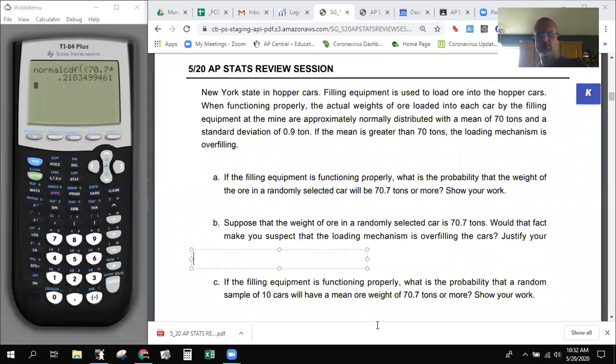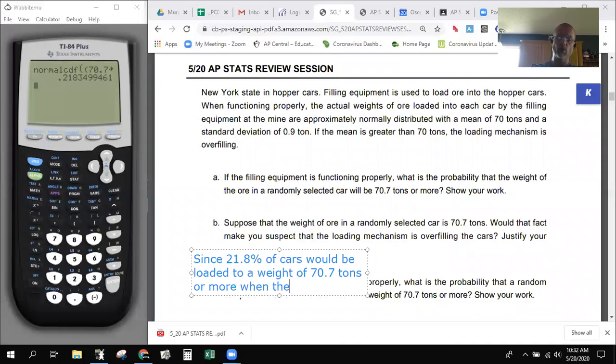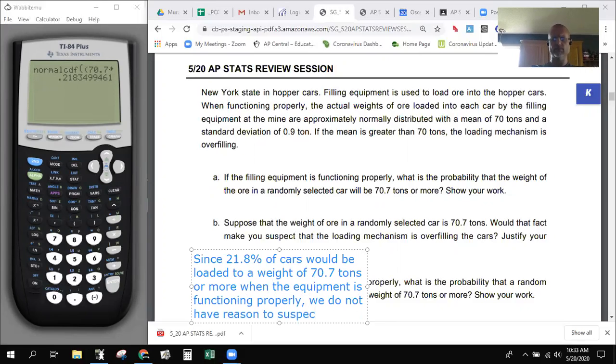Okay, you'd say no. Since 21.8% of cars would be loaded to a weight of 70.7 tons or more, when, this is important, when the equipment is functioning properly, we do not have reason to suspect that the equipment is overfilling.